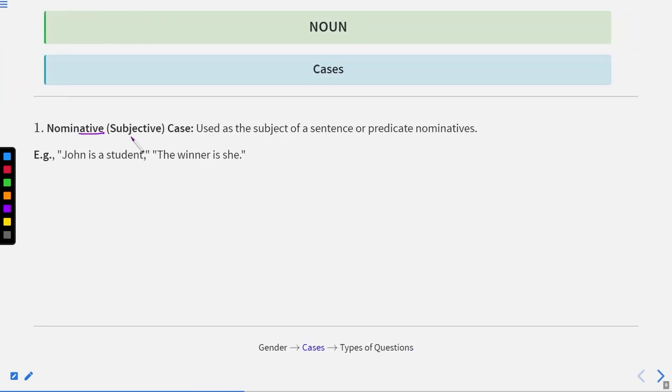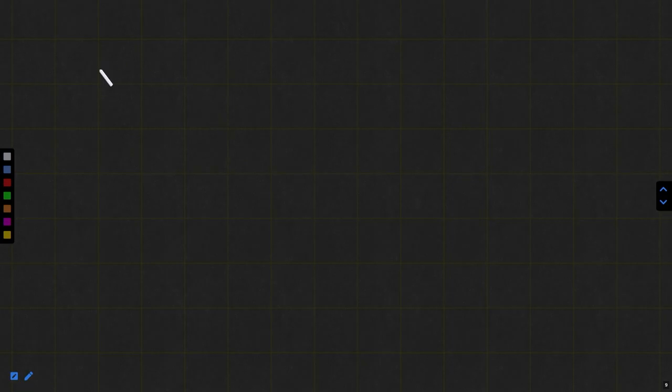First of all, we'll discuss nominative or subjective case, used as the subject of a sentence or predicate nominatives. John is a student. So John is the subject. The winner is she. So when we locate the subjects of the sentence, we use the nominative case. Actually we have three cases in pronoun: nominative case, objective case, and possessive case.